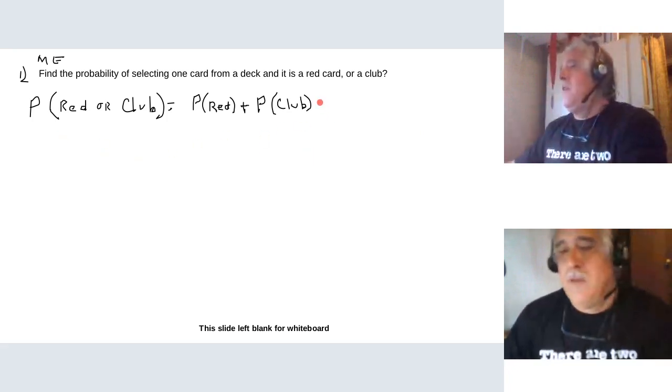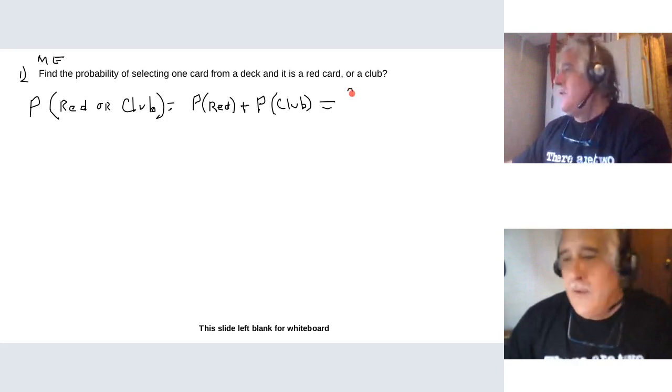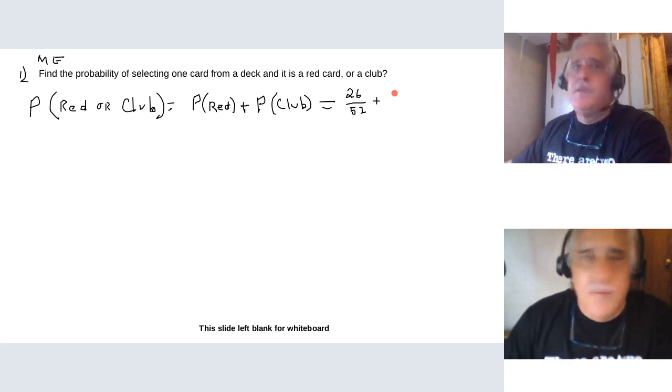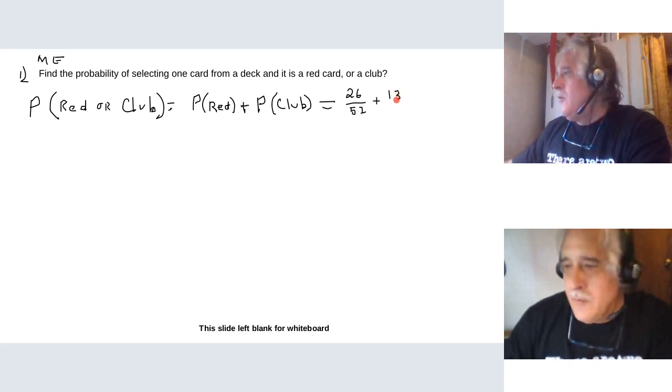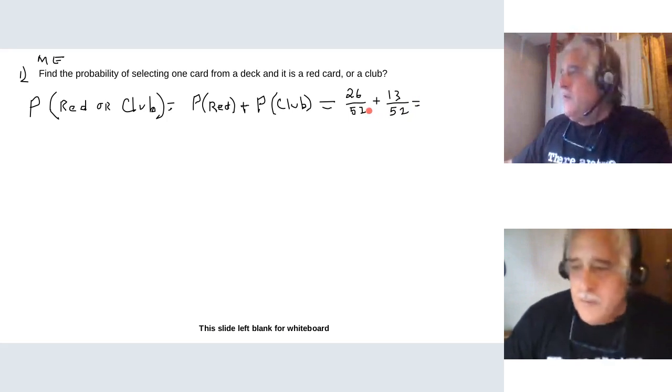So then this is going to be the probability of red. There's exactly 26 reds over 52. And then the clubs, there's 13 over 52, which is 1/4. Now, I'm not going to simplify them until I add them up, because if you do that, it's counterproductive.